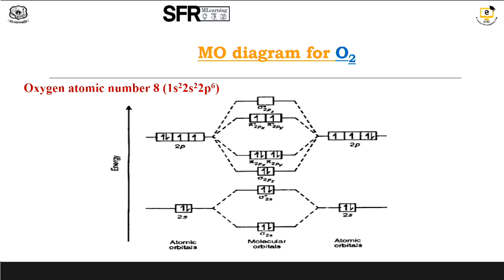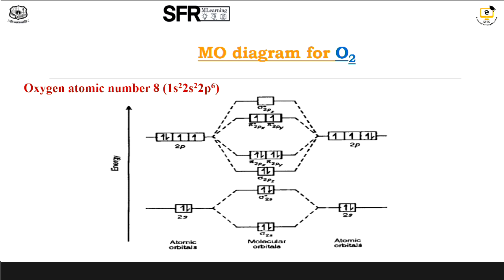The molecular orbitals for the oxygen molecule are sigma 2s, sigma star 2s, sigma 2pz, pi 2px, pi 2py, and similarly pi star 2px, pi star 2py and sigma star 2pz.